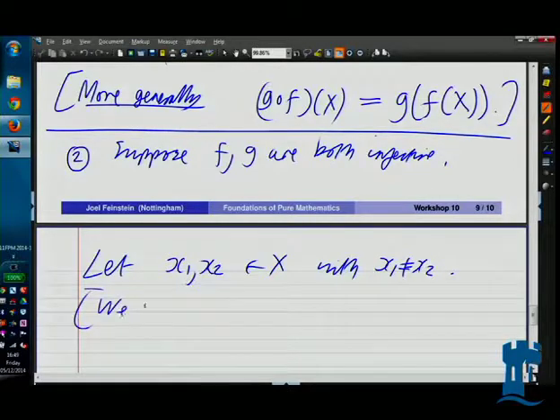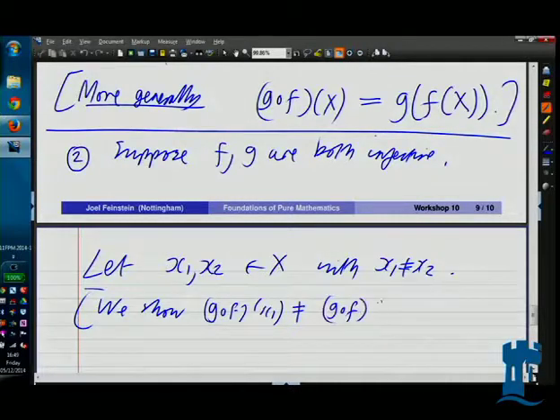We have to show g composed with f of x1 is not equal to g composed with f of x2. Let's just rewrite that. We have to show that those are different.